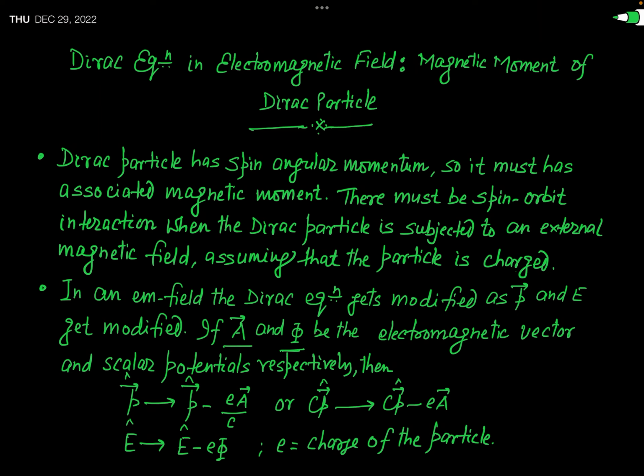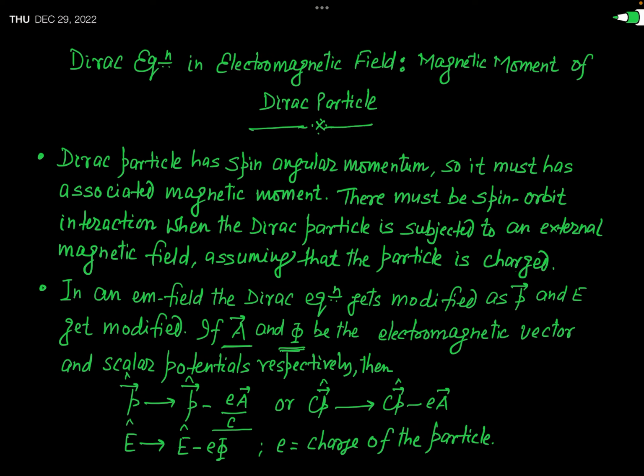You know that if A is the magnetic vector potential and phi is the scalar potential, then the momentum operator will get modified like this: P hat becomes P hat minus eA over c, where e is the charge of the particle and c is the speed of electromagnetic wave in free space.